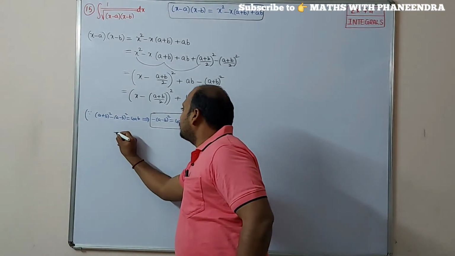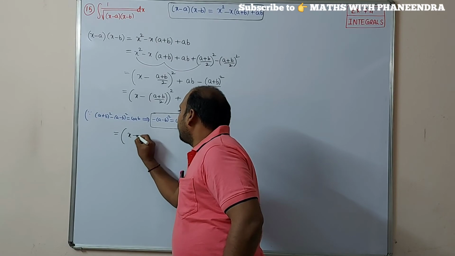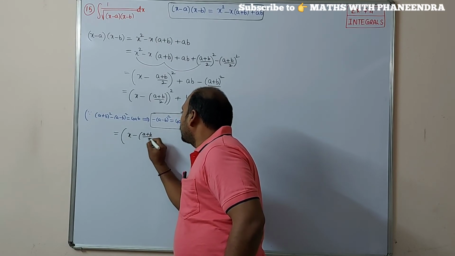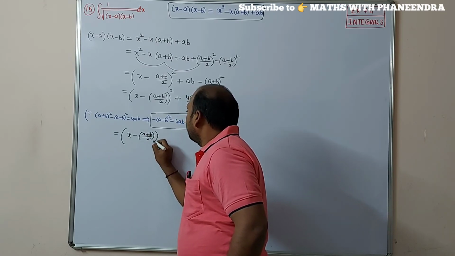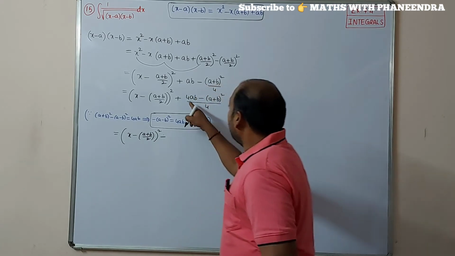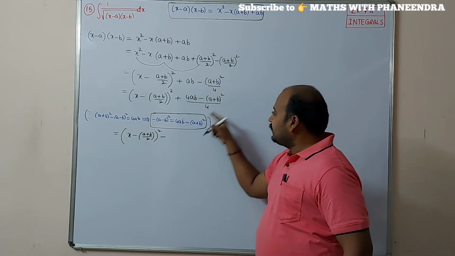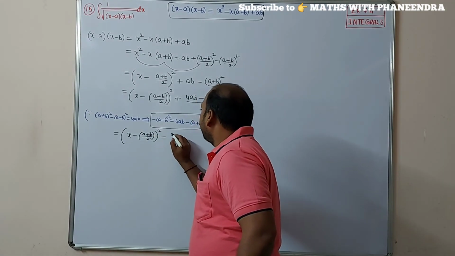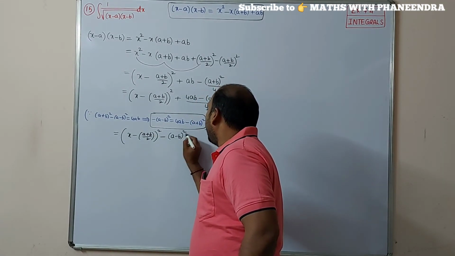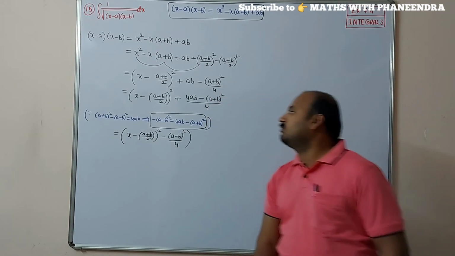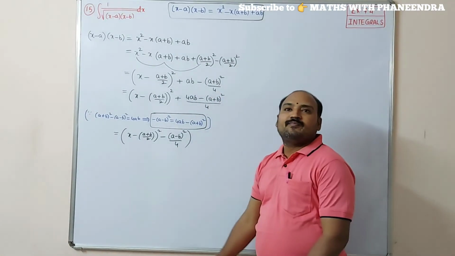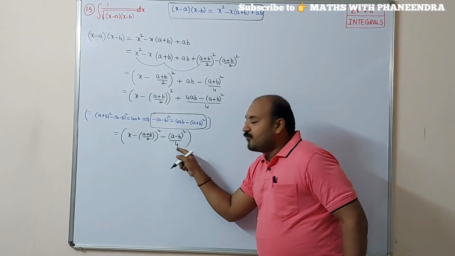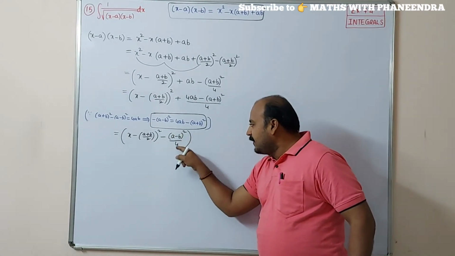So it becomes (x minus (a plus b)/2) whole square, and in place of 4ab minus (a plus b) whole square, I replace with this value: minus (a minus b) whole square divided by 4. I hope you understand. (a minus b) whole square by 4 also can be written as ((a minus b)/2) whole square.